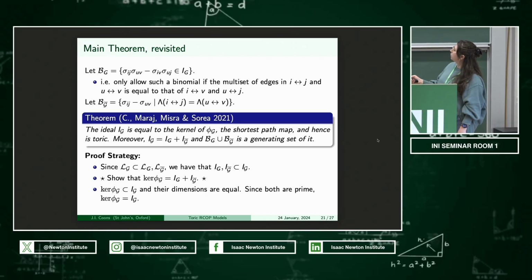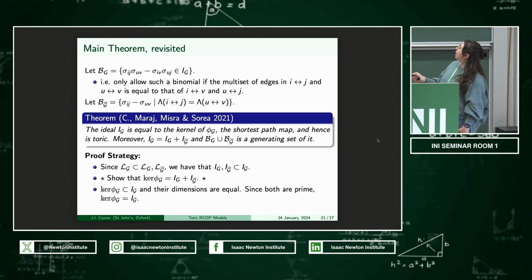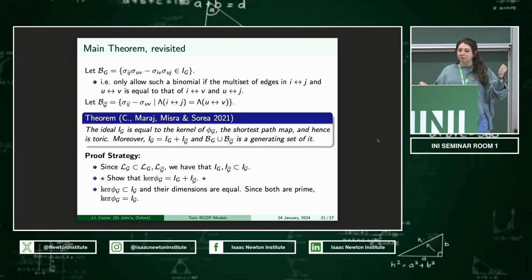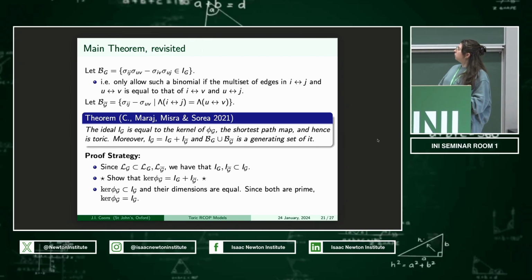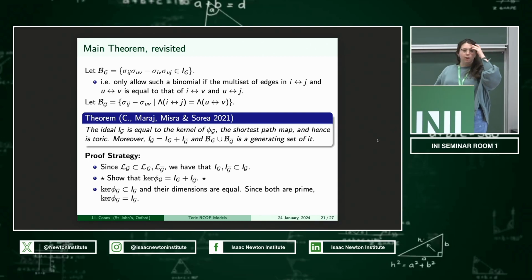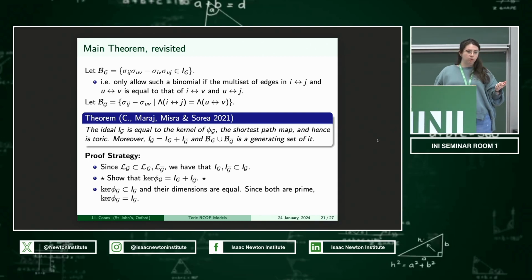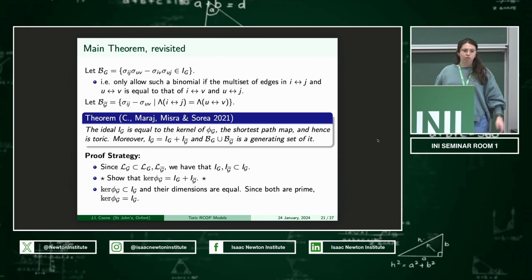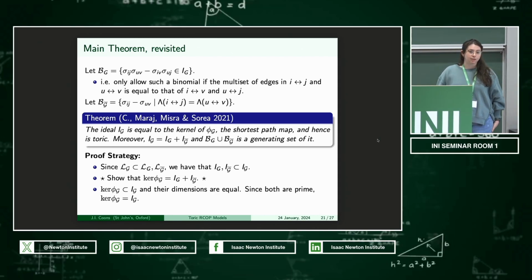And similarly for this one, I have this generating set just by the linear binomials given by the colors used along the two paths being the same. And so what we show is that this vanishing ideal for the colored graph is equal to the kernel of the shortest path map, and the union of these two Markov bases, or these two generating sets, is a generating set for the ideal.